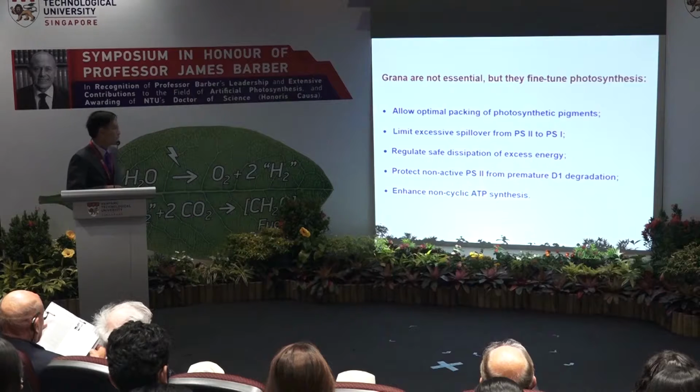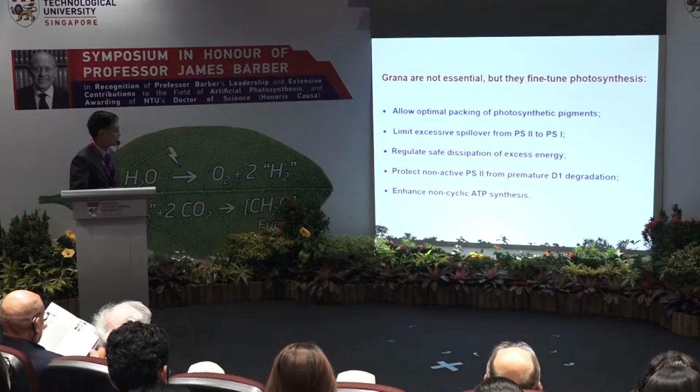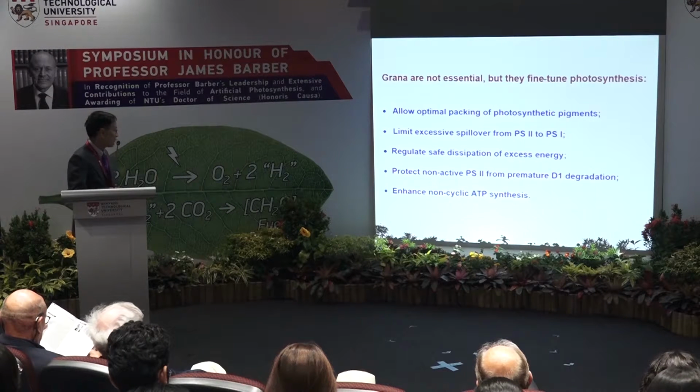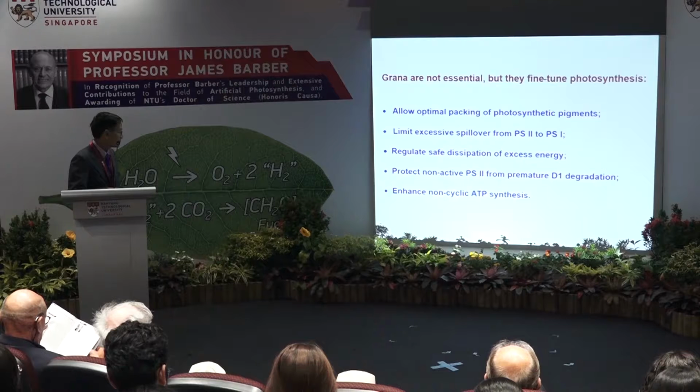So, well, grana are not really essential for photosynthesis, but they do help to fine-tune the process. So they, for example, allow the system to optimize the packing of the pigments, avoid too much spillover of energy from one photosystem to the other, and thereby limit the waste. It can regulate safe dissipation of too much light energy.